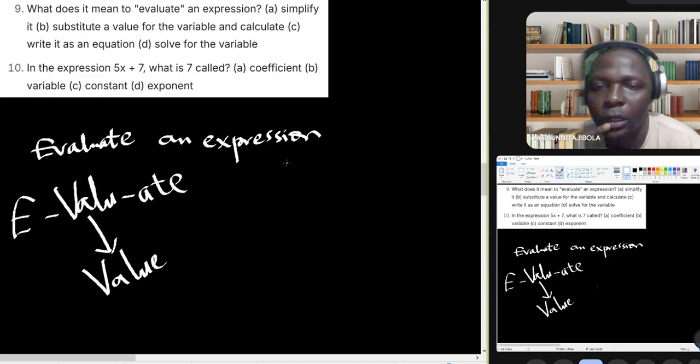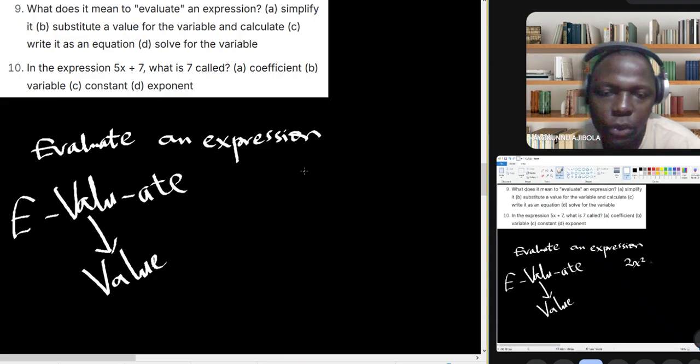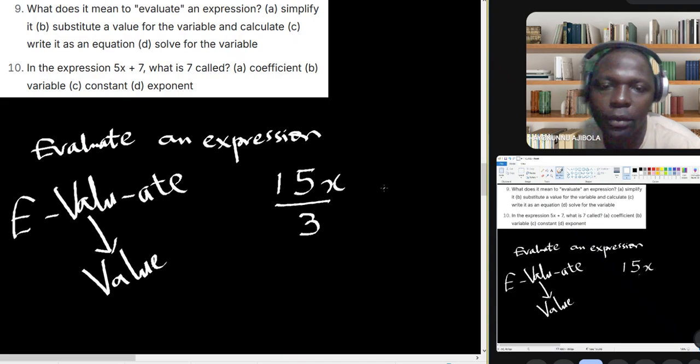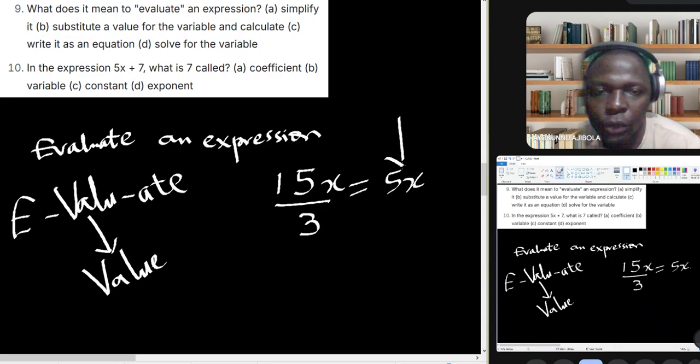So if you have an expression like 2x squared, or let's say you have 15x over 3, and you change it to 5x, do you have any concrete value?